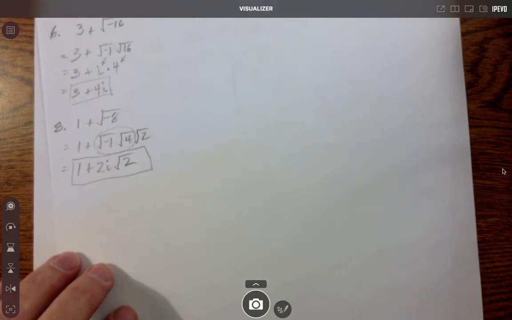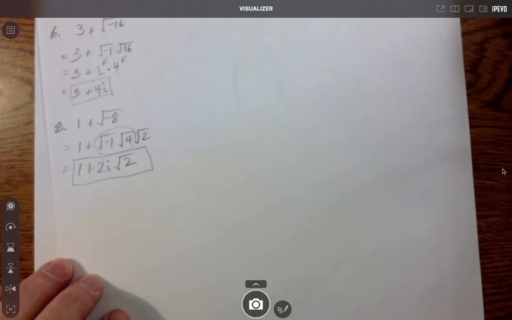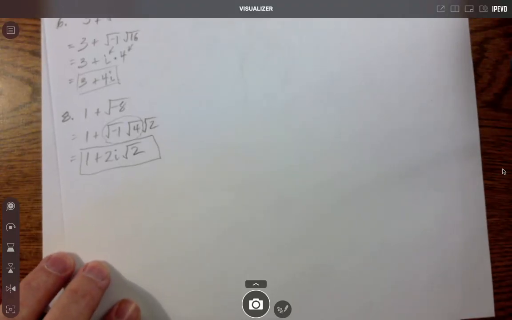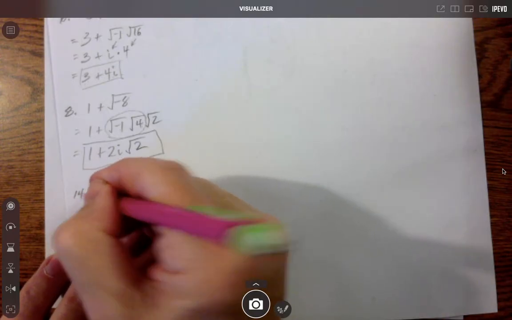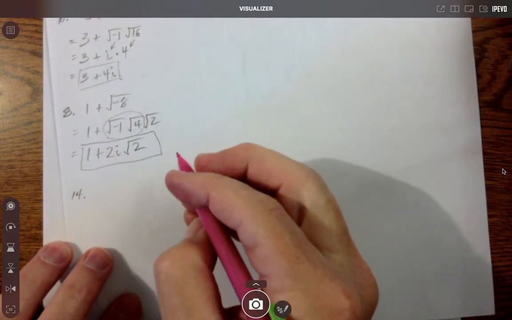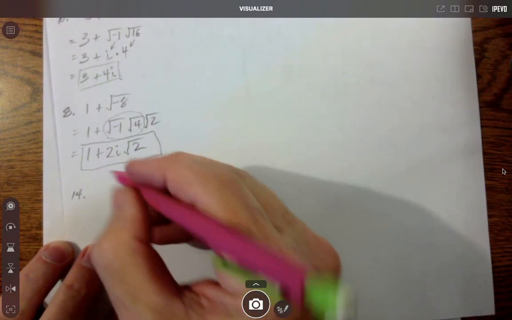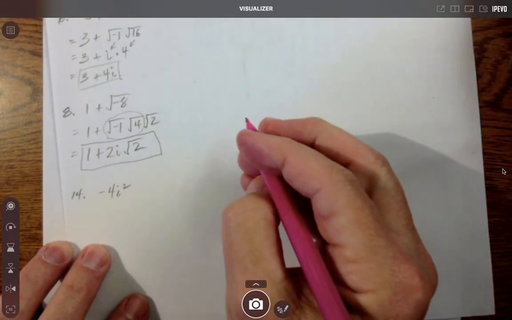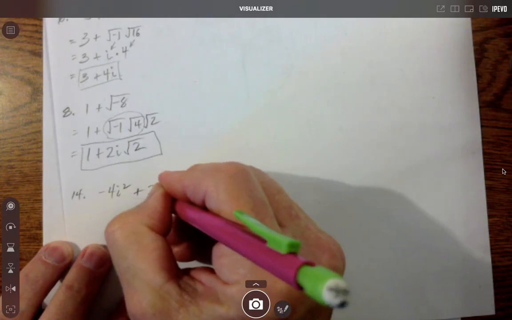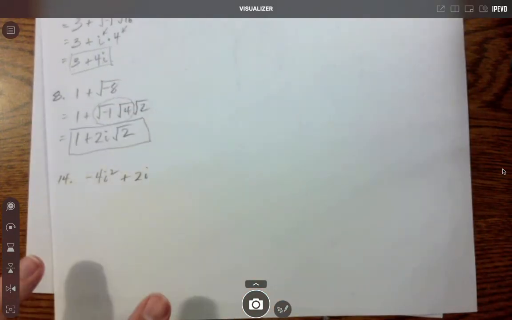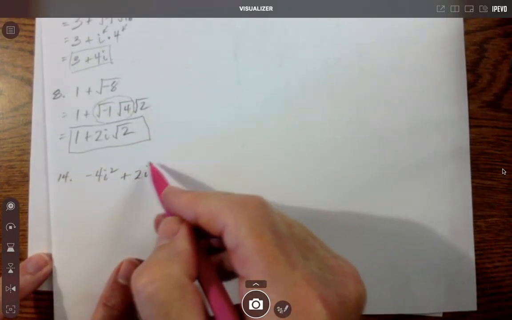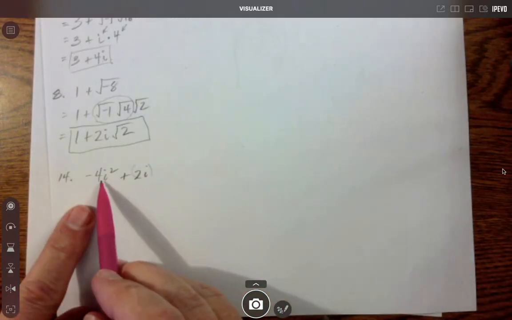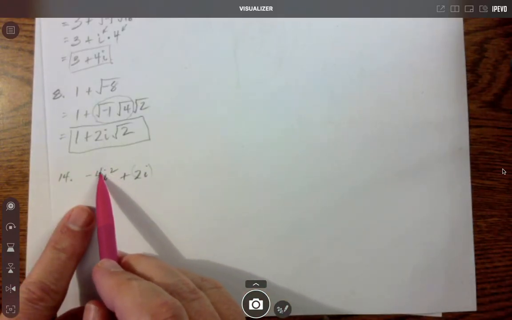All right, let's do another one. Let's do 14. So this is negative 4i squared plus 2i. Okay, 2i, that's kind of done. That's your imaginary part. Remember, what is i squared?